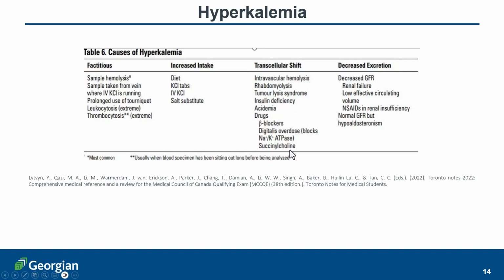Various drugs can also cause these transcellular shifts of potassium from inside the cell to outside the cell, such as beta blockers. And lastly, decreased renal functioning, along with NSAID use. That should probably be under here, but in the case of NSAIDs, it's because of their effect in decreasing renal functioning.